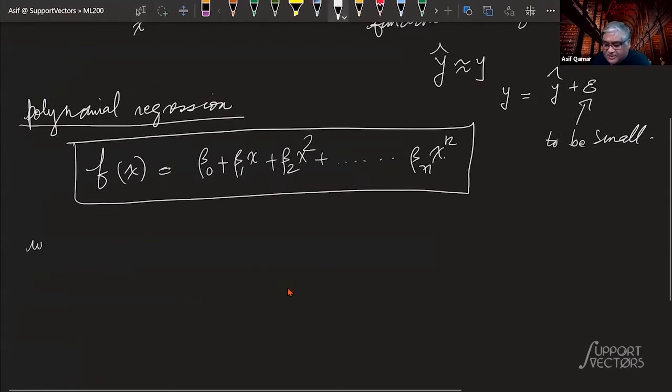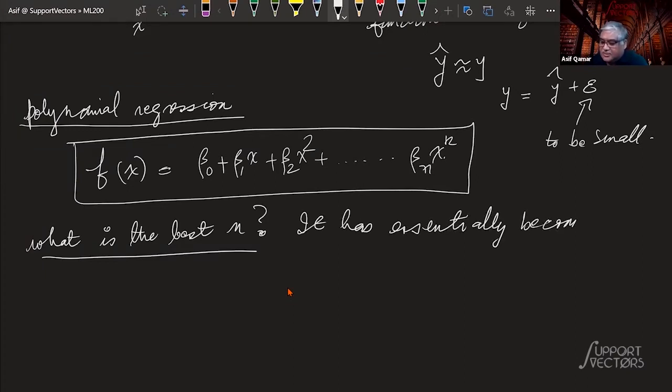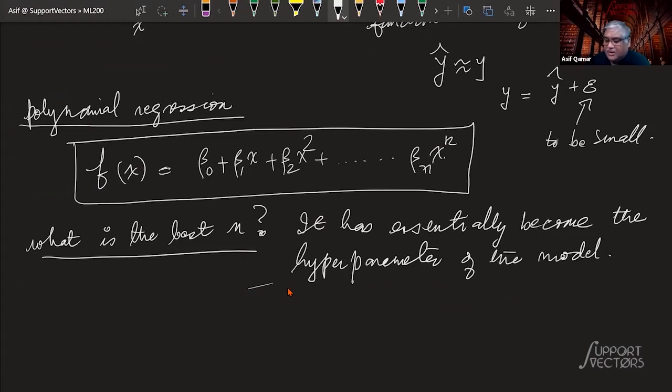What is the best n? Here n essentially becomes the hyperparameter of the model. So you have a headache. You have to build models over and over again and see which value leads to better results. You can keep trying.